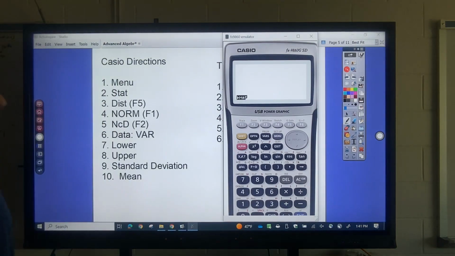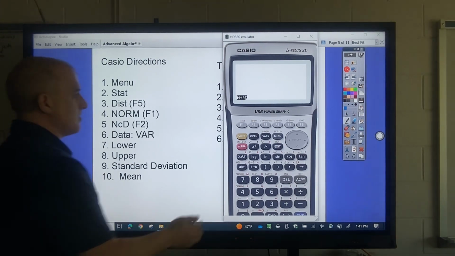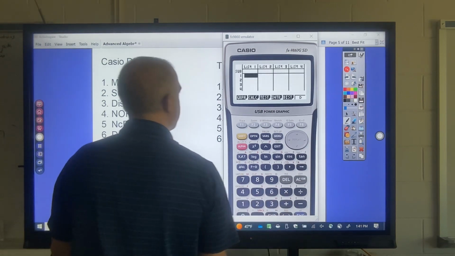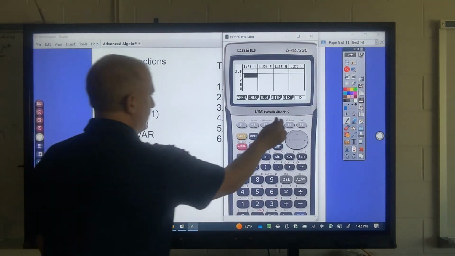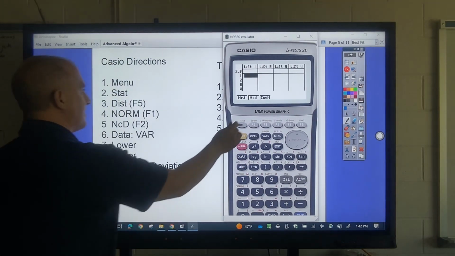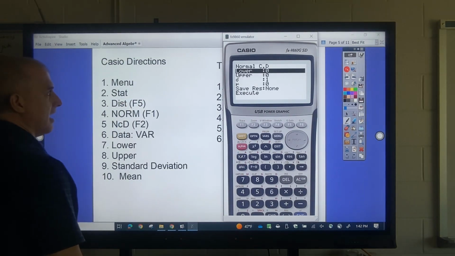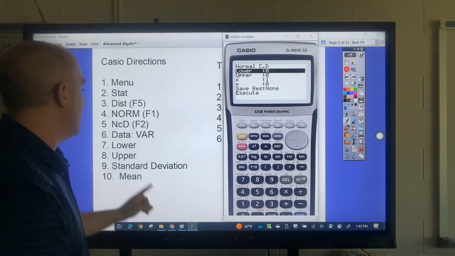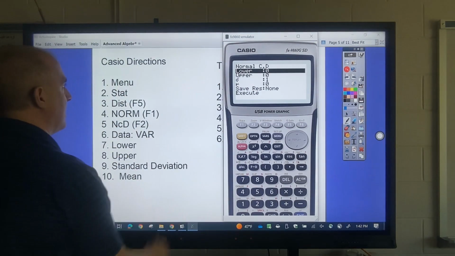If you have a Casio, I'll show you these steps and we'll go back over them, but if you want to take a picture of these: you go to menu, you go to stats, and select that. Select dist, which is F5, normal, which is F1, NCD, which is N2. Some of you will have variable at the top of your calculator, so make sure you've selected that.